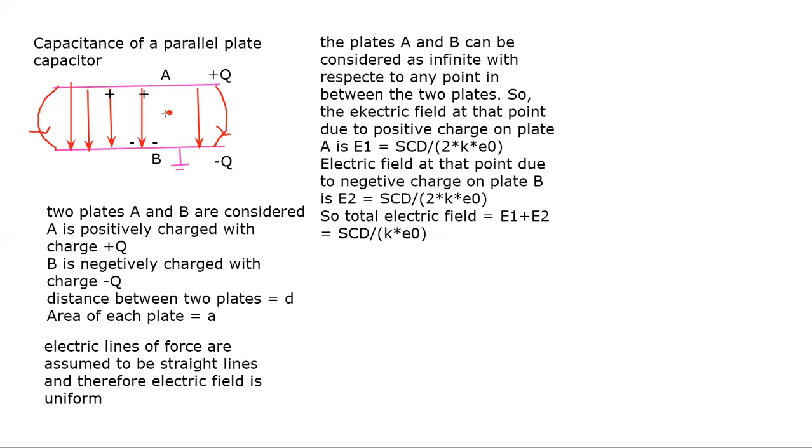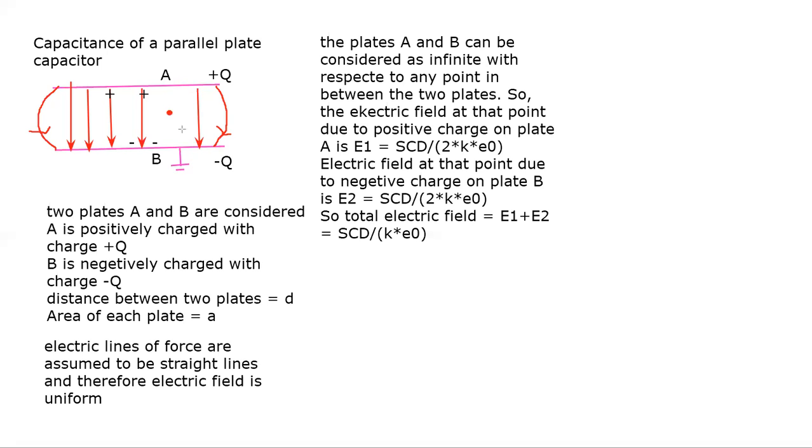Now, if the plates A and B are infinite with respect to this point, then there will be an electric field at this point due to the positive charge on plate A, and also an electric field at this point due to the negative charge of plate B. Now we will find out the values of this electric field.